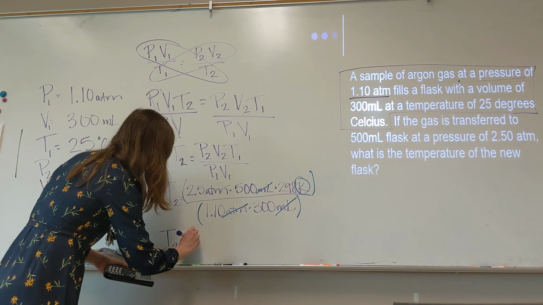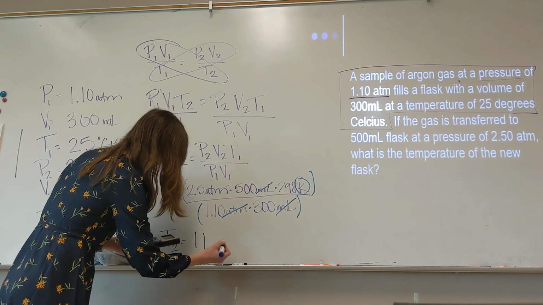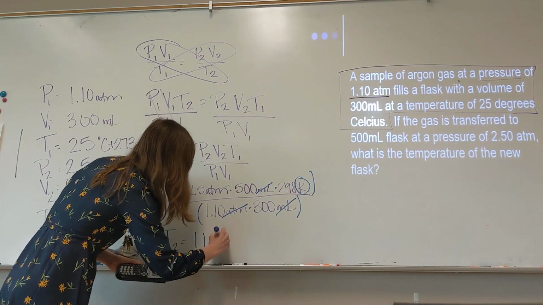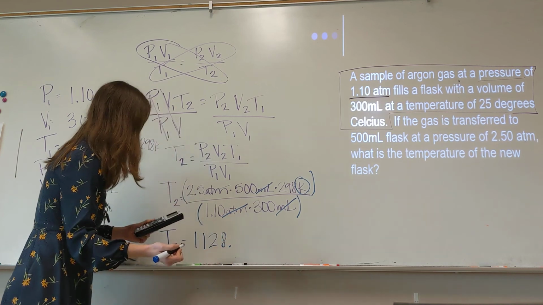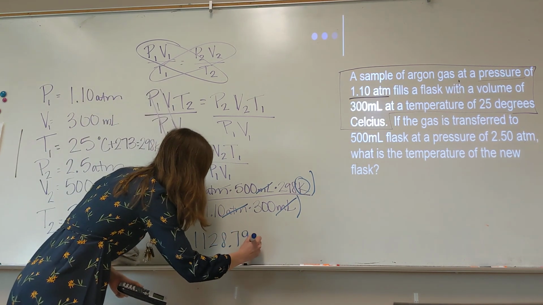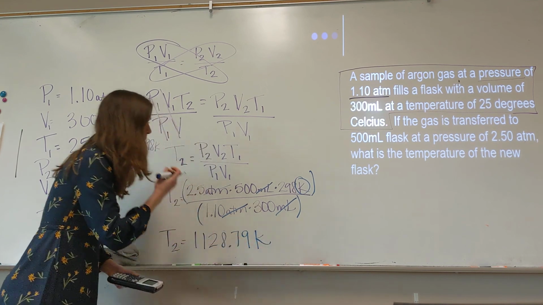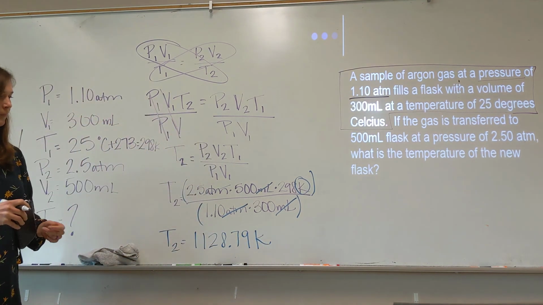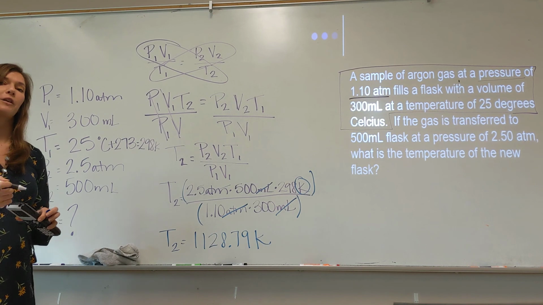And I get 1,128.787, so I'm going to round that to 1,129 Kelvin. All right. And that's it for the combined gas law.